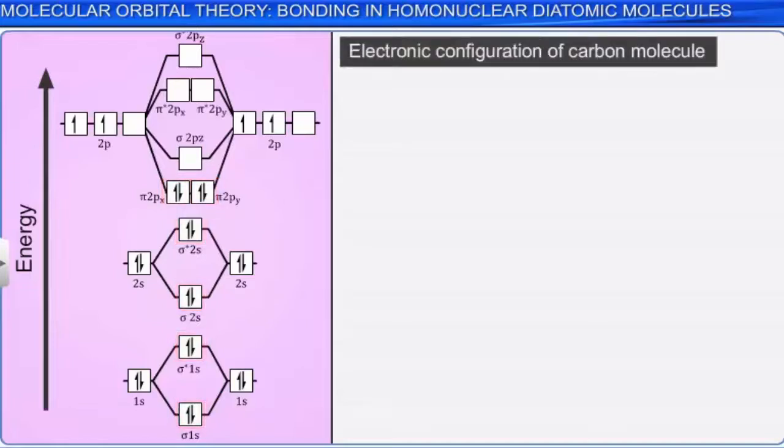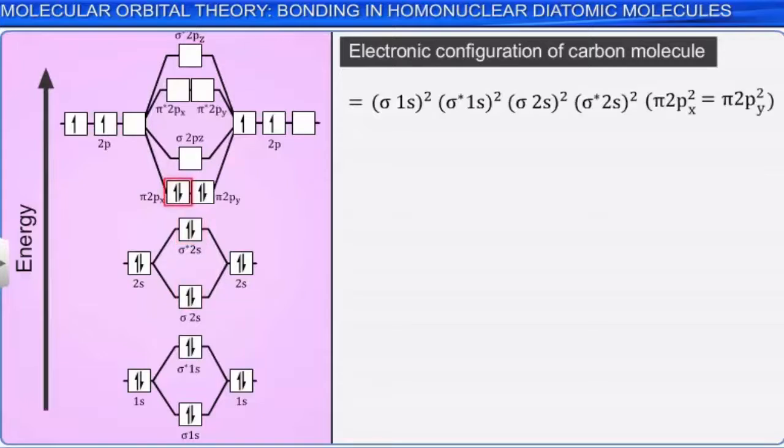The electronic configuration of a carbon molecule is sigma 1s2, sigma star 1s2, sigma 2s2, sigma star 2s2, pi 2px2, pi 2py2, which can also be written as KK sigma 2s2, sigma star 2s2, pi 2px2, pi 2py2.